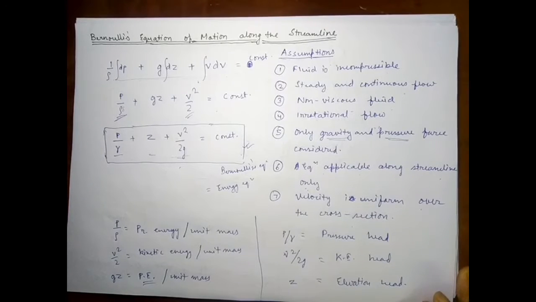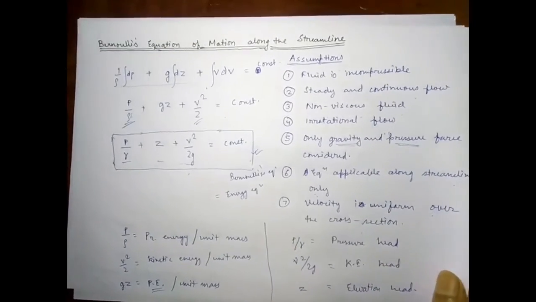So also, for steady incompressible flow with negligible friction, the various forms of mechanical energy are converted to each other but their sum remains constant.